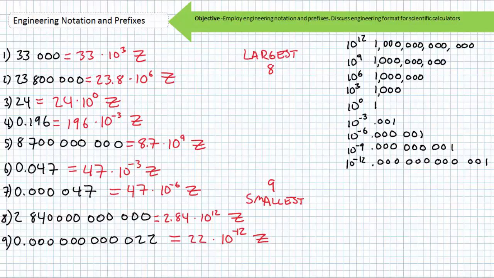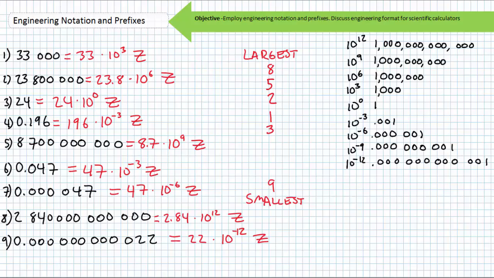Proceeding from largest to smallest, where entry 8 is the largest, at 10 to the 12th, engineering notation quickly lets us know that the next largest entry is entry 5, at 10 to the 9th, or a billion. The next largest entry is entry 2 at a million. The next largest entry is entry 1 at 1,000. The next largest entry is 3 at the base.